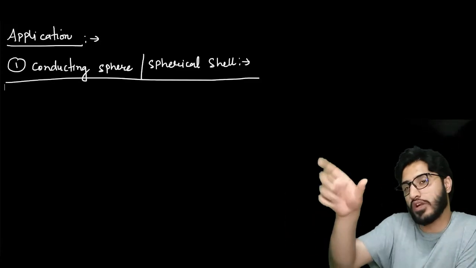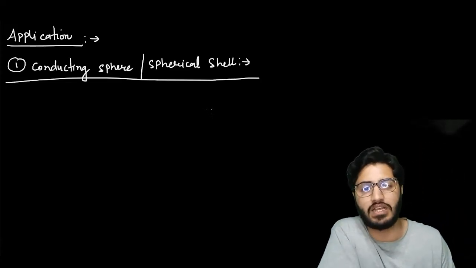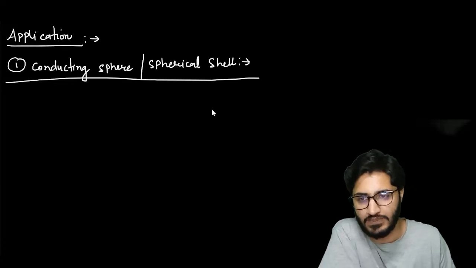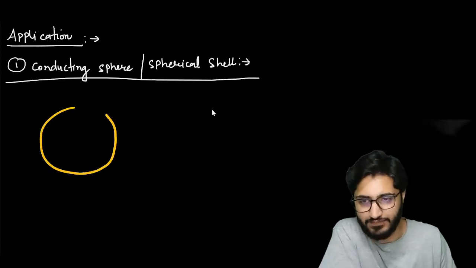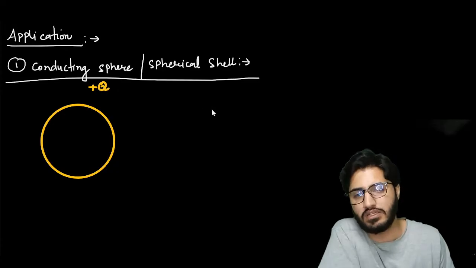The last 20 minutes. Here, sir, we have a conducting sphere. This is my conducting sphere and it contains plus Q charge. That means the charge is on the surface.